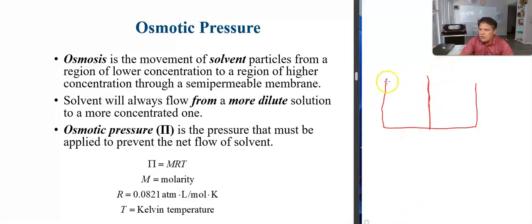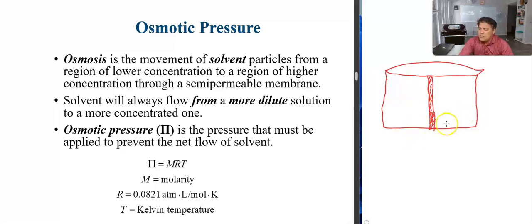This is your semi-permeable membrane in between. Semi-permeable means it has very fine pores, it is a porous material. So now there is no leak, nothing leaks from here to here. You make it very leak-tight.